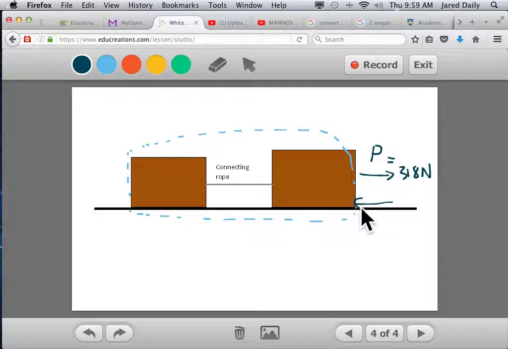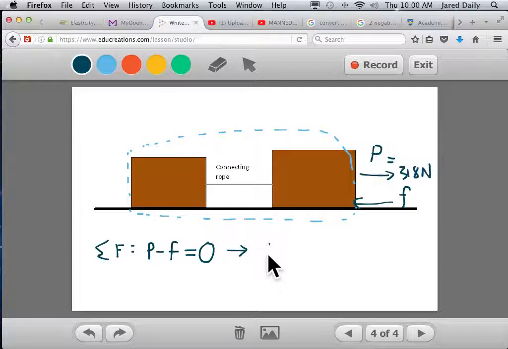Opposite direction, because it's fighting the pull. And what do we know about the sum of our forces, or the net force? The sum of the forces is the pull, positive, minus the friction, equals mass times acceleration. And what's the acceleration? 0.